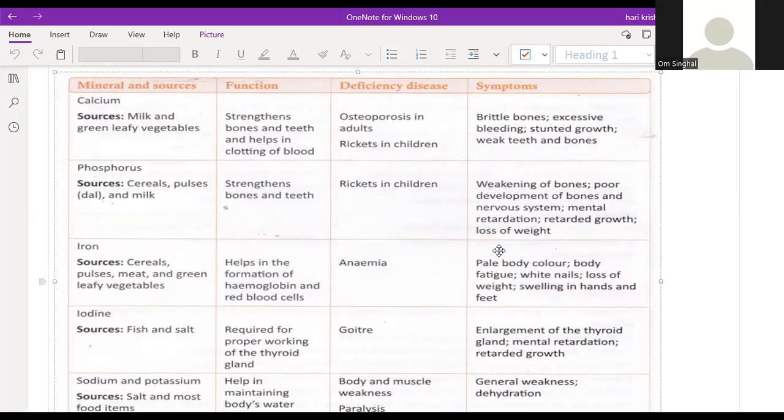Your mental growth will be stunted. So mental retardation means there is no proper mental growth. Retarded growth means the people will not grow properly. They are stuck at their growth age. We can see some people like that, right?